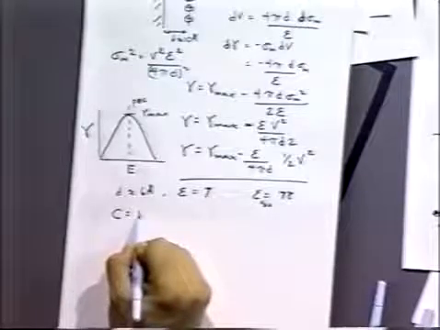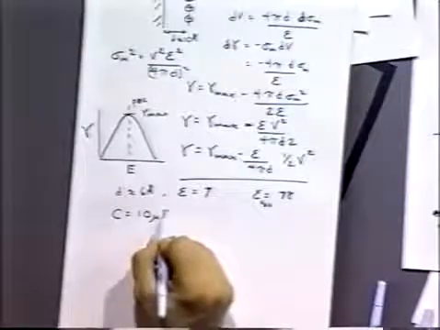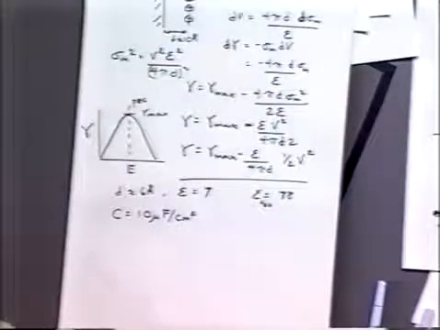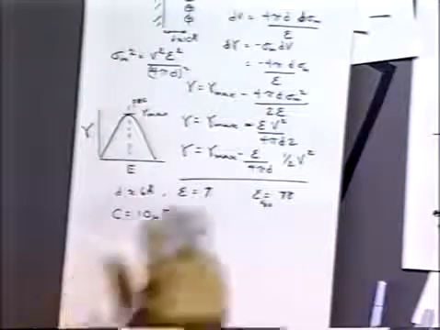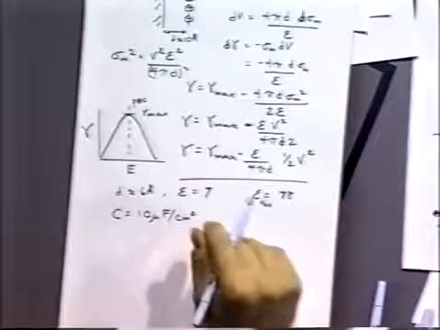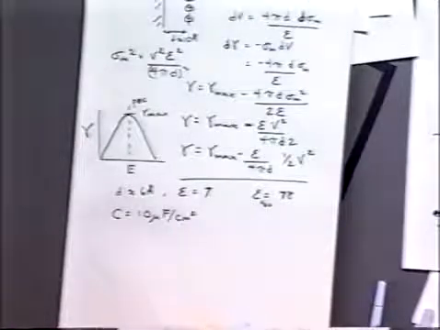And so using the Helmholtz model, they developed that the capacitance should be about 10 microfarads per square centimeter, which is pretty close to the mercury situation, about 20 microfarads per square centimeter.